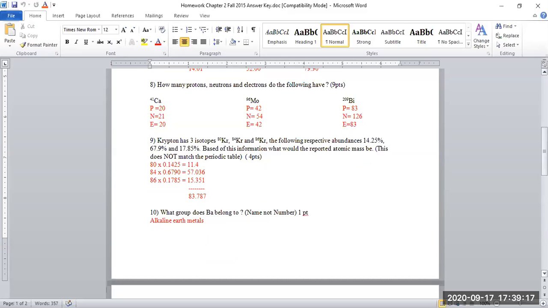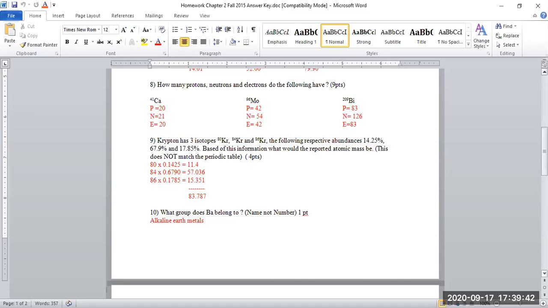Keep in mind that you must multiply your atomic mass times your percent abundance, but you must move your decimal point. So the 14.25% then becomes 0.1425 when you're getting ready to multiply. Do that for each of your 3 isotopes.